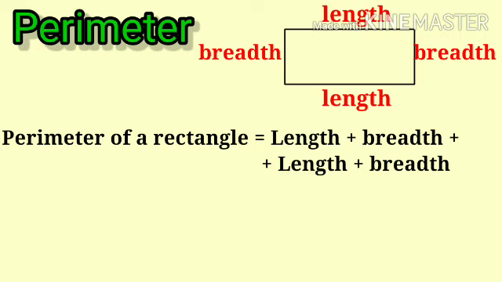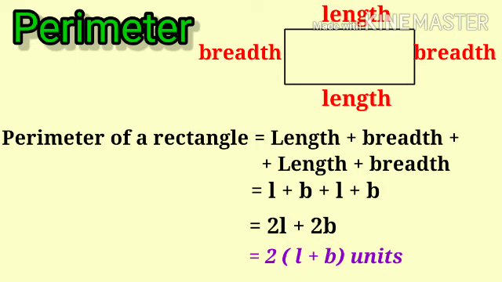That is, L plus B plus L plus B. That equals 2L plus 2B. Here 2 is a common factor, hence it can be written as 2 into (L plus B). That is, perimeter of a rectangle is equal to 2 into (L plus B) units.